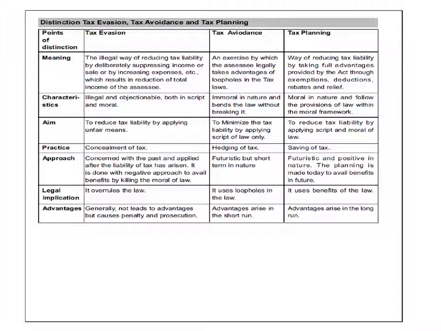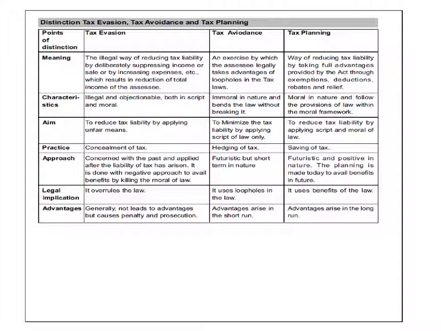For tax planning, there are lots and lots of advantages. First, you will not get caught because you are planning your tax, filing your income tax return regularly and paying correct taxes to the government. So there are more advantages in the long run. These are the basic differences between tax evasion, tax avoidance and tax planning.